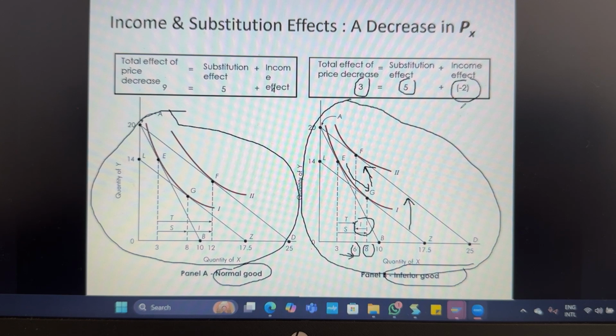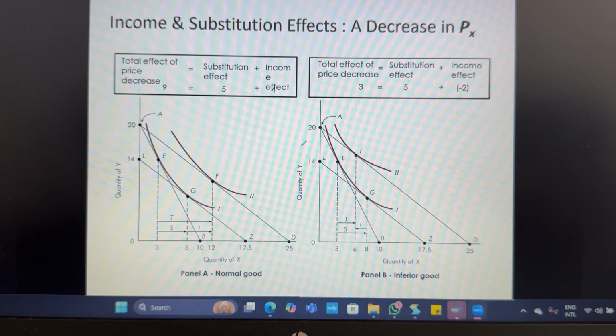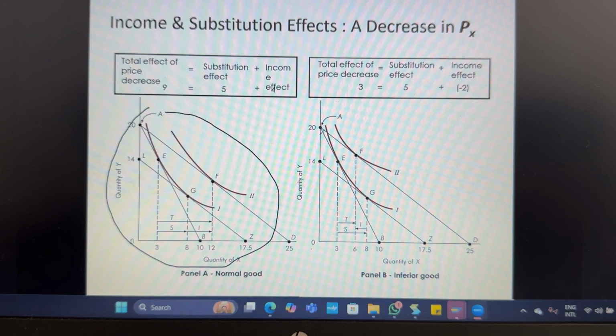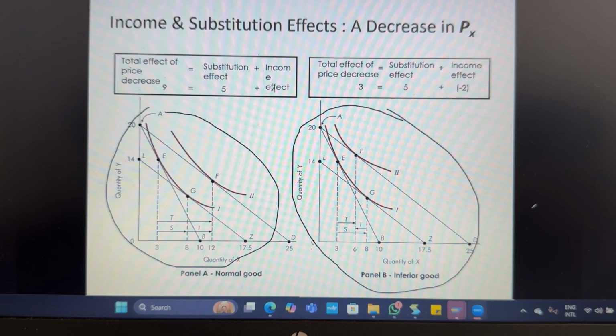If I change my question slightly: separate the income and the substitution effect if the price declines for an inferior commodity. Last time I gave this one; if I give it this time, can you manage?